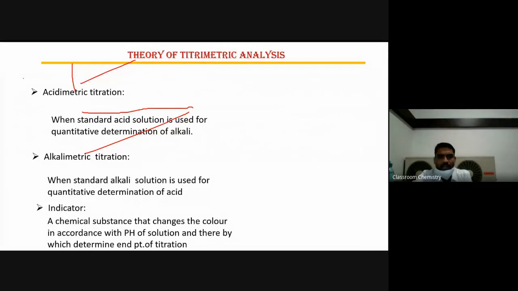When alkali is taken in the burette, that is, the solution of known concentration, then this is called alkalimetric titration. When a standard alkali solution is used for quantitative determination of acid, it is alkalimetric titration. Now we focus on indicators.